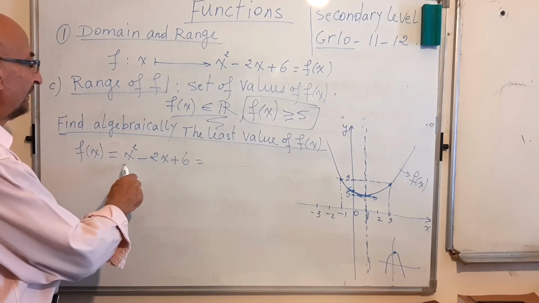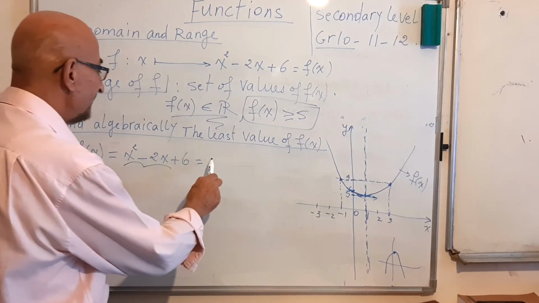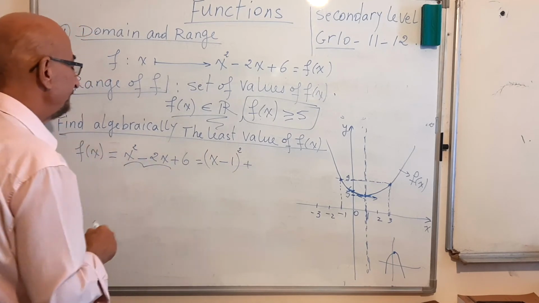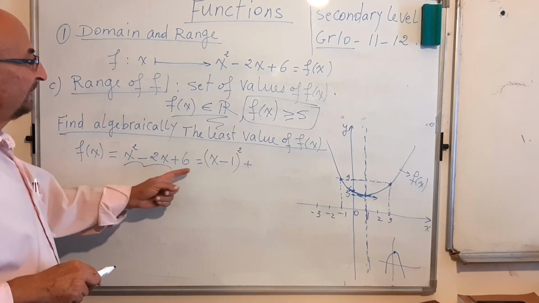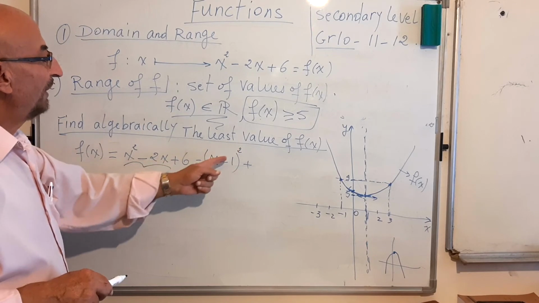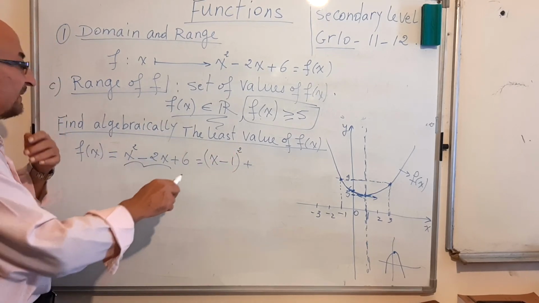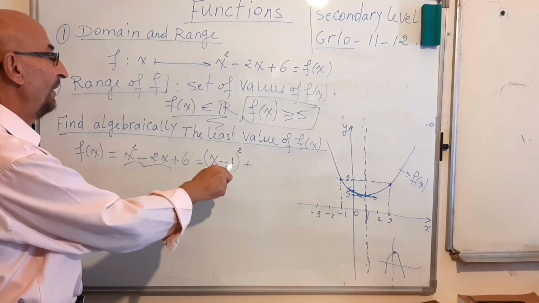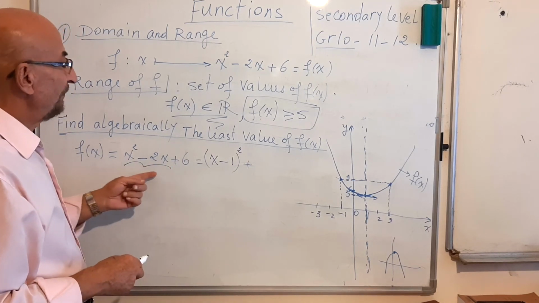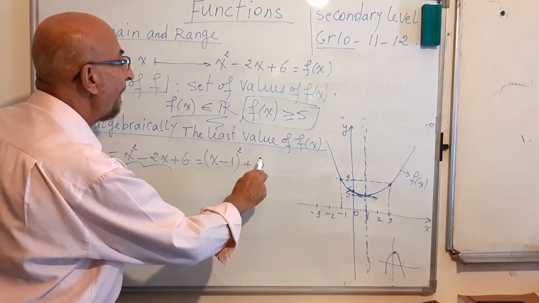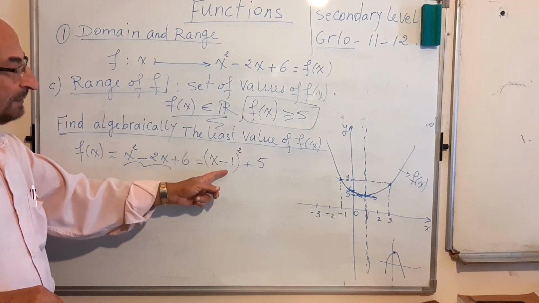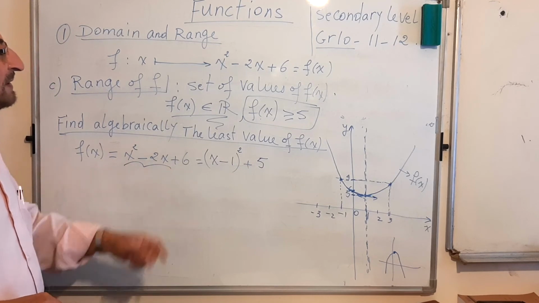We can write f of x as (x minus 1) squared plus 5. x² minus 2x is the beginning of the complete square (x minus 1). (x minus 1) squared is x² minus 2x plus 1. So minus 1 plus 6 is plus 5.